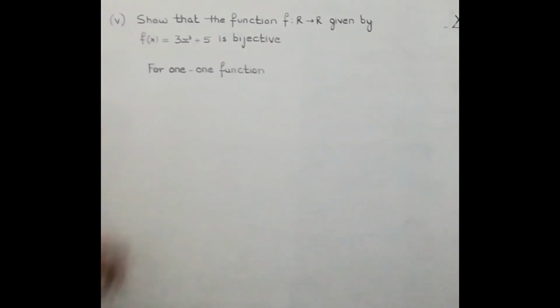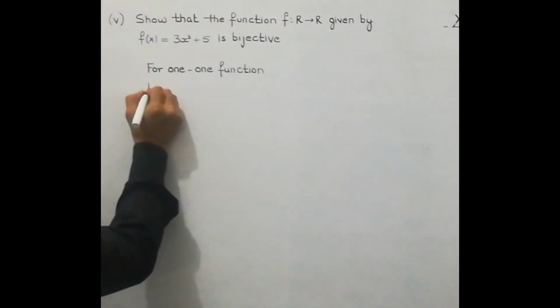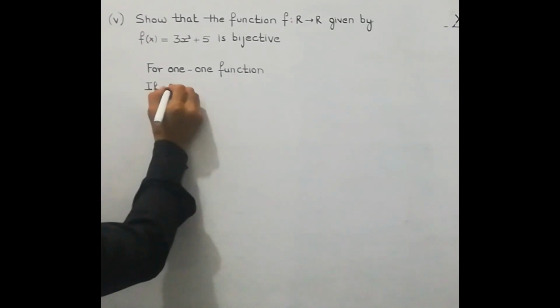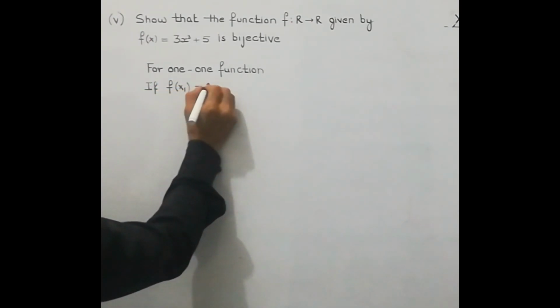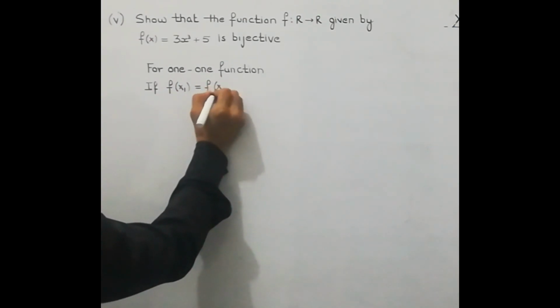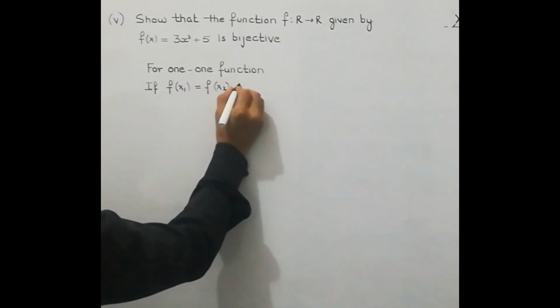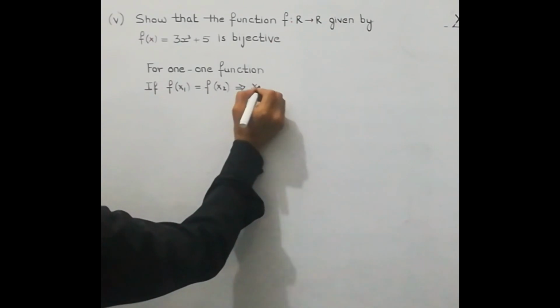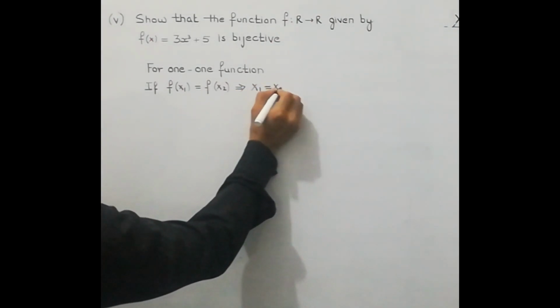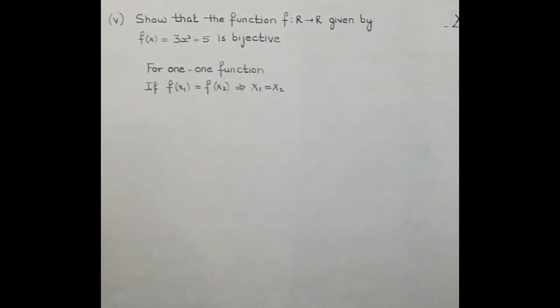So we will write the algebraic form of it. If f of x1 is equal to f of x2, then we should have x1 is equal to x2.